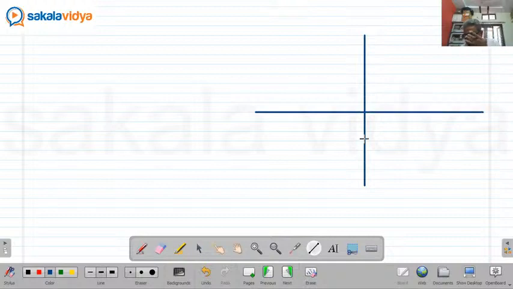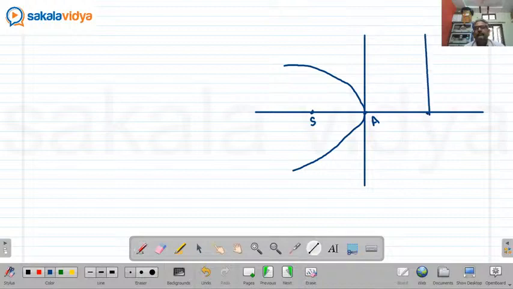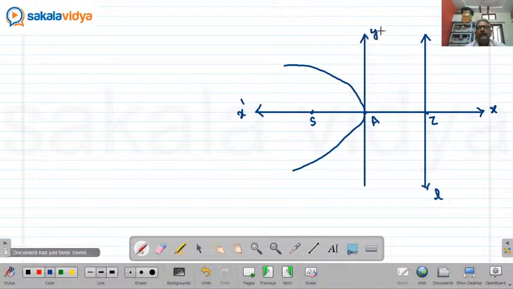Okay, now you need to react with me. Say A, this is S, this will be Z. This is Z. This is directrix, say L. This is x-axis, x dash, y, and y dash.